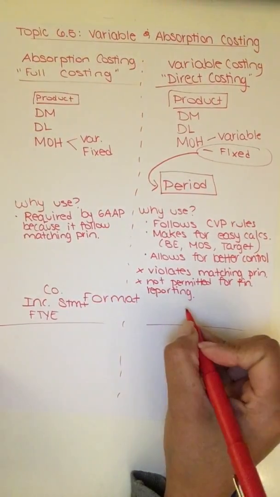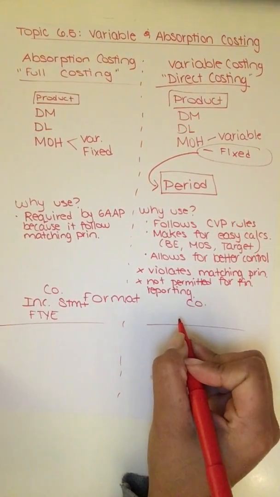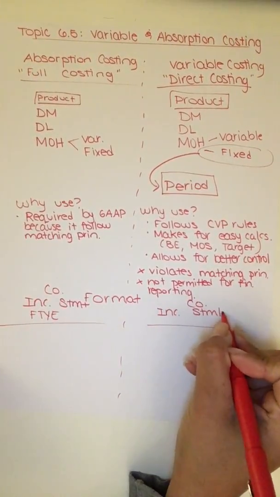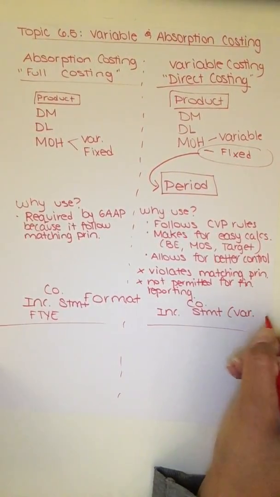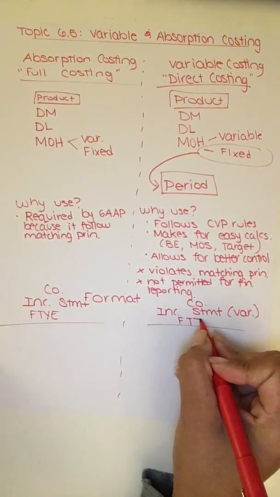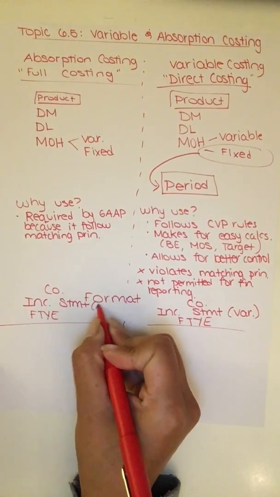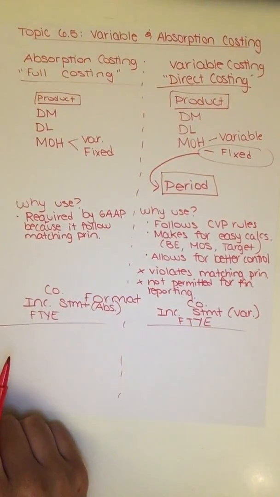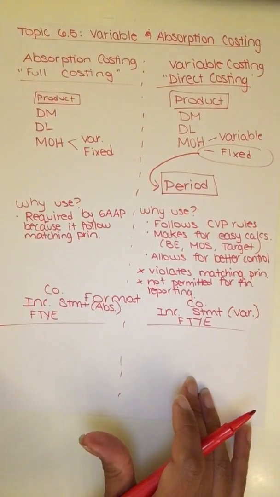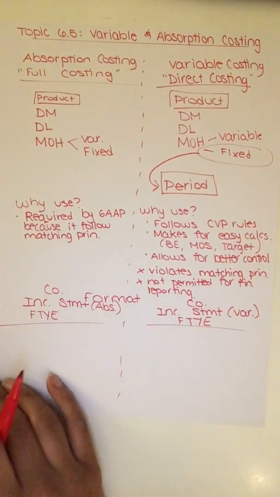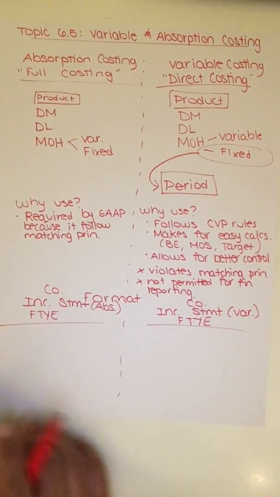We know all that stuff. Same thing for variable. And usually we'll try to identify in the header, this is an income statement prepared under the variable costing method. This income statement is under absorption. So we'll try to identify that way the reader, internal in this case, knows that they're looking at a variable income statement and not an absorption or traditional income statement.